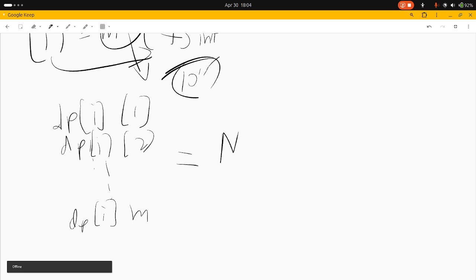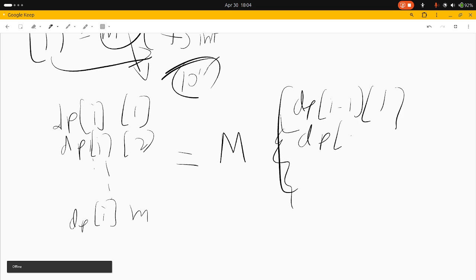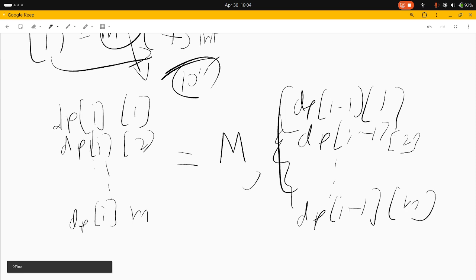So we need a matrix, and also the answer should be dp of i minus 1 to 1, dp of i minus 1 to 2, and until dp of i minus 1 to m. So the matrix should transform dp of i minus 1 to 1, 2, 3 to m to this particular format.